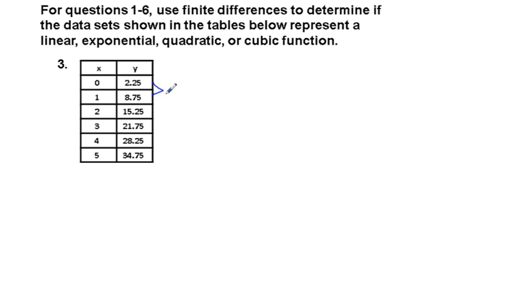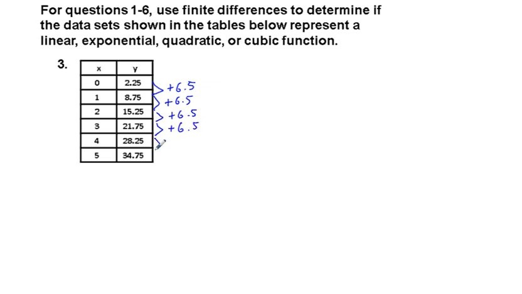8.75 minus 2.25. That's going to be plus 6.5. And next one we have is 15.25 minus 8.75. That's also going to be plus 6.5. Then we have 21.75 minus 15.25. That's plus 6.5, and so on down the line.